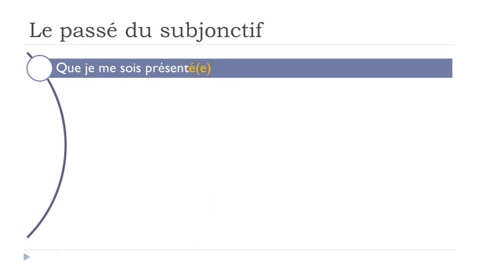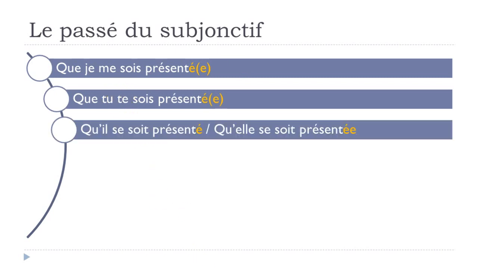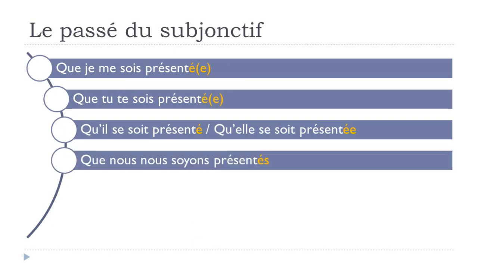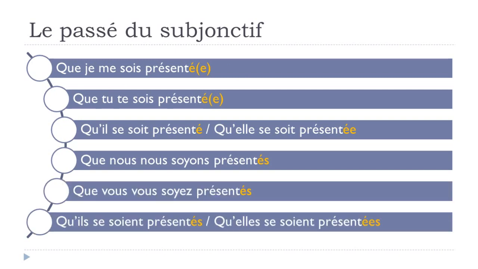Okay? Que je me sois présenté. Que tu te sois présenté. Okay, so we'll have to add this te. Qu'il se soit présenté, qu'elle se soit présentée, que nous nous soyons présentés, que vous vous soyez présentés, qu'ils se soient présentés, qu'elles se soient présentées.